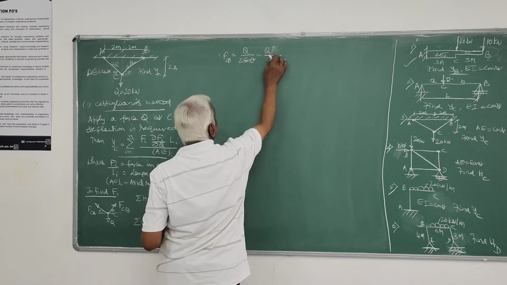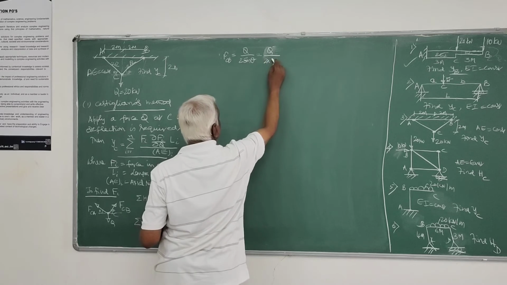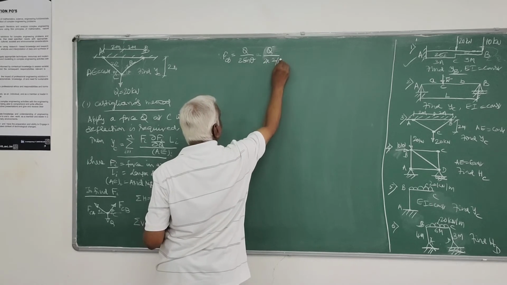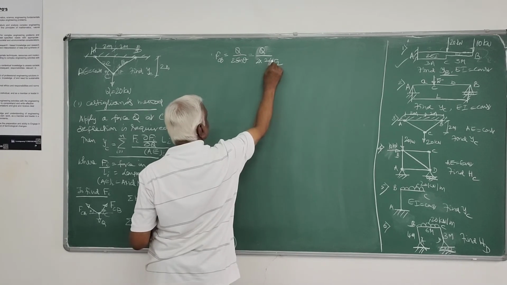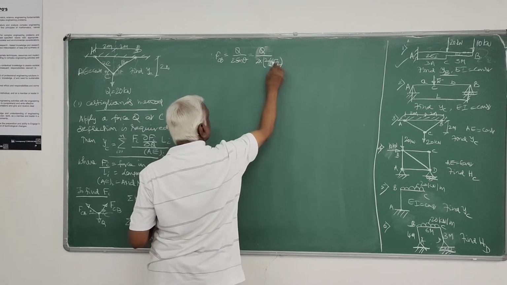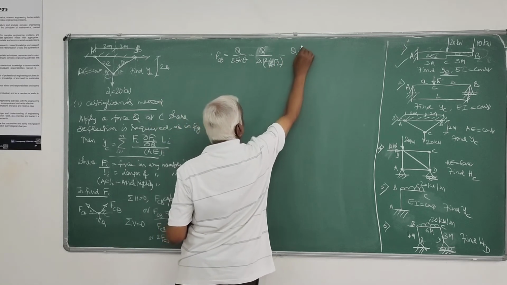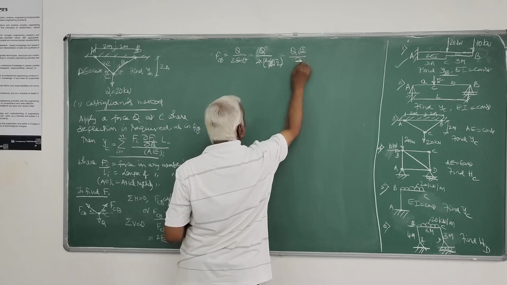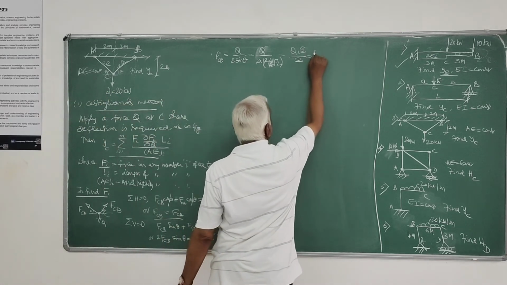So this is Q by 2 into sin theta, which is 2 by 2 root 2. Correct? Yes, sir. This is sin theta. This 2 will cancel, or you will get Q root 2 divided by 2, or it is Q by root 2.